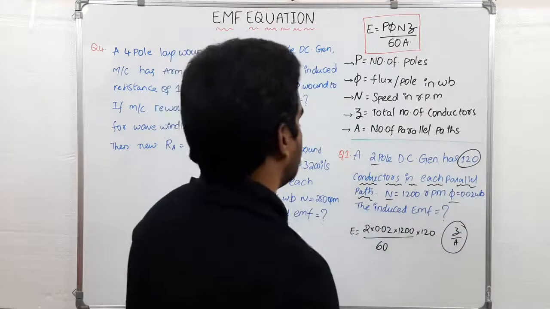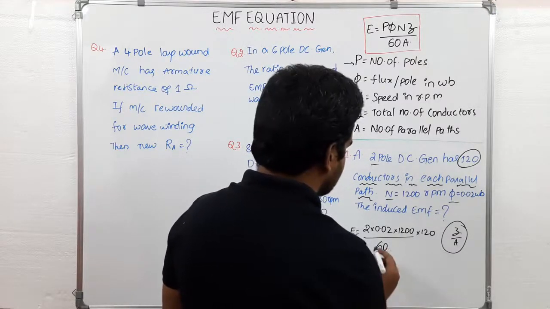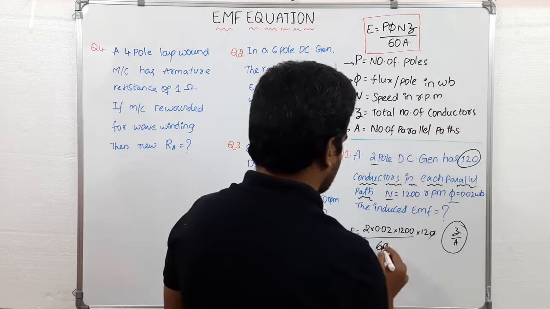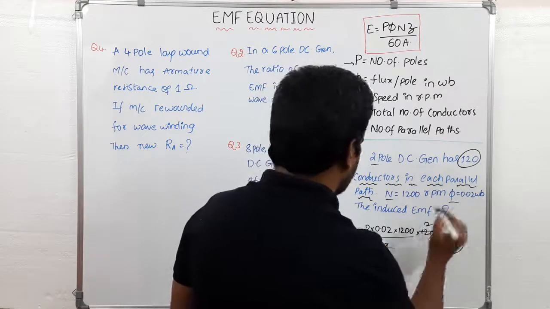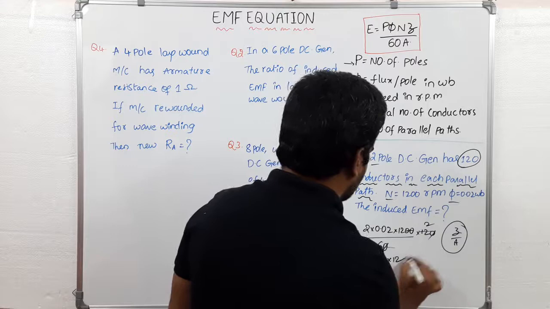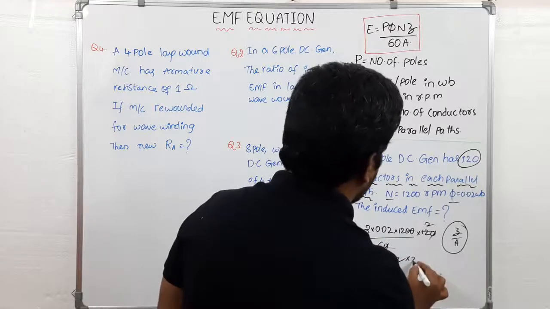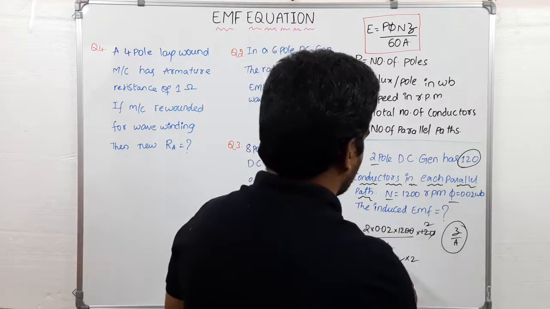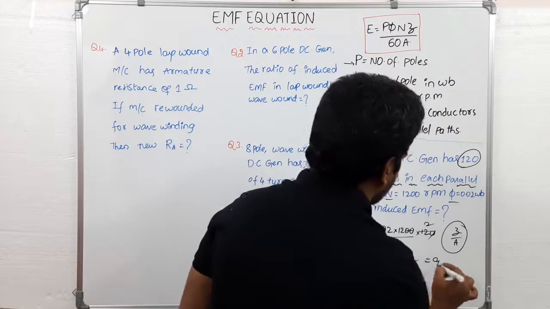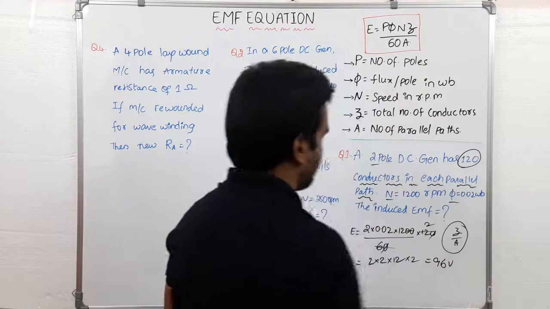Important word, 120. So if we calculate the value, what will we get? The 60 cancels with 12 once, the 2s cancel, and the decimal points cancel. We get 2 into 12 into 2, so 4 twelves are 48, and 48 twos are 96 volts.